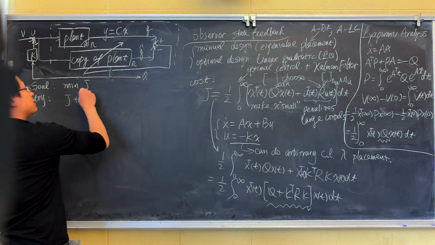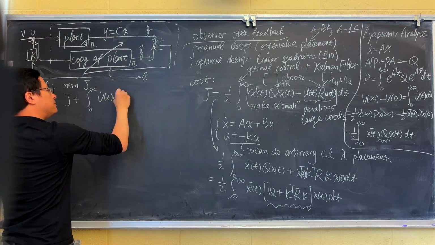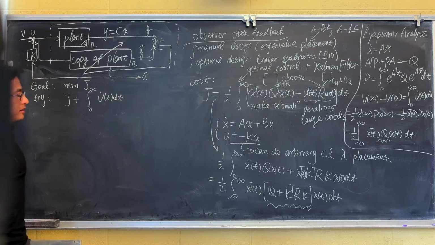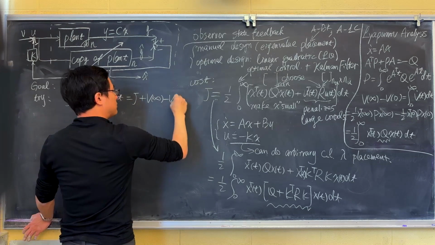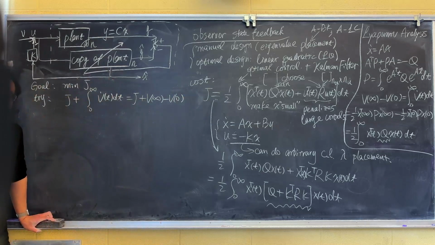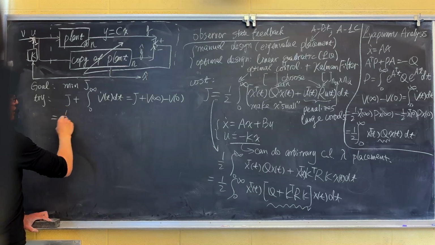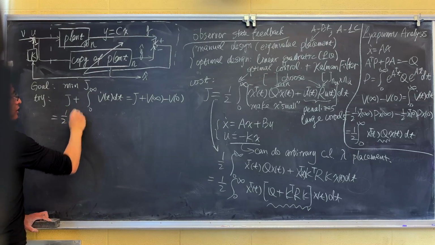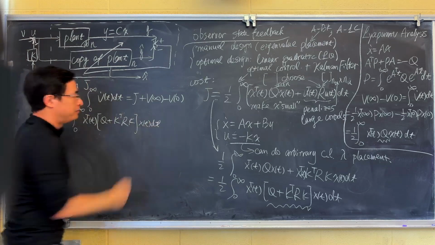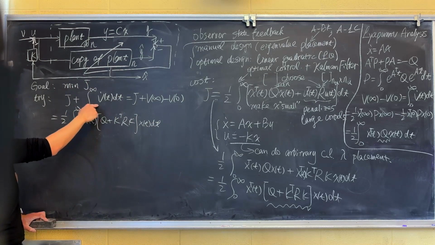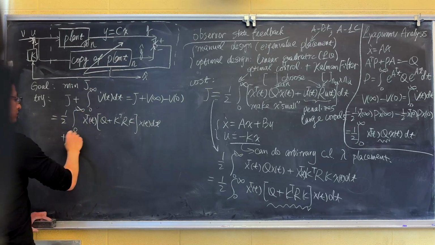I'm going to add this one on the left-hand side. So this equals V infinity minus V0. And then on the left-hand side, this is J, this big integration part, plus the integration part of this.